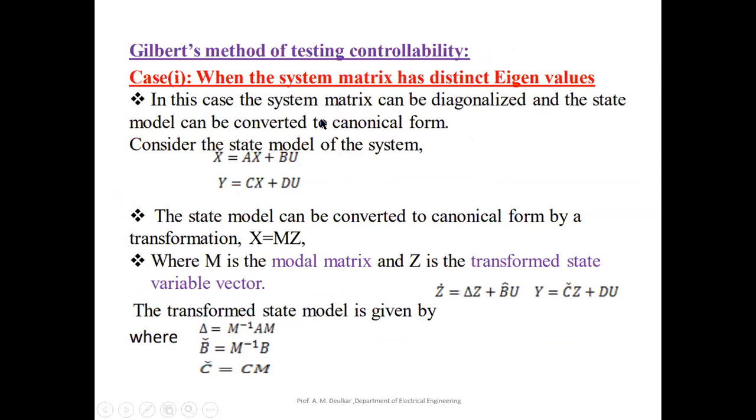So according to Gilbert's test of controllability, when the system has distinct eigenvalues, the system is said to be completely controllable when the B bar matrix does not have a zero row. Then and only then is the system controllable. Otherwise, the system will be uncontrollable.